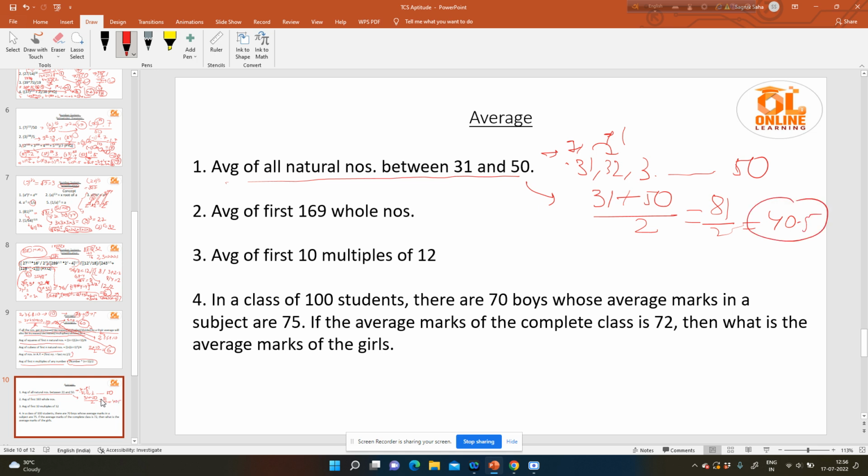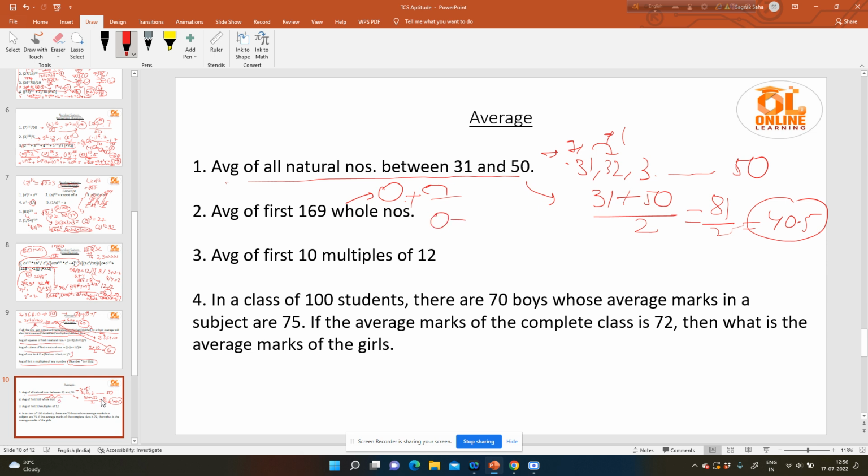Very easy, right? Now, average of first 169 whole numbers. Whole numbers start from 0 and go up to the 169th whole number. Again their common difference is 1, so they are in AP. So we can find the average by first number plus last number by 2.